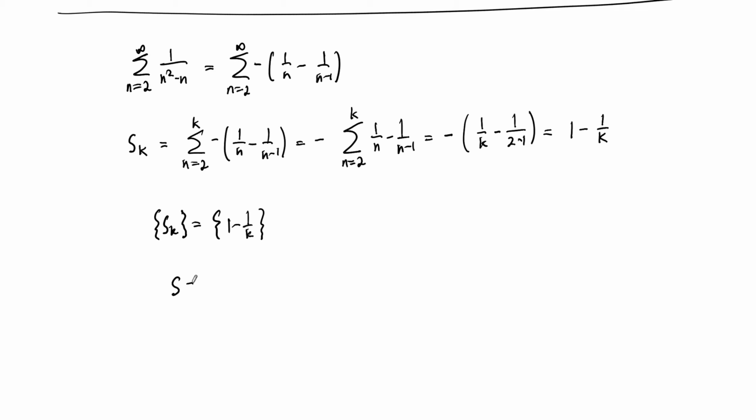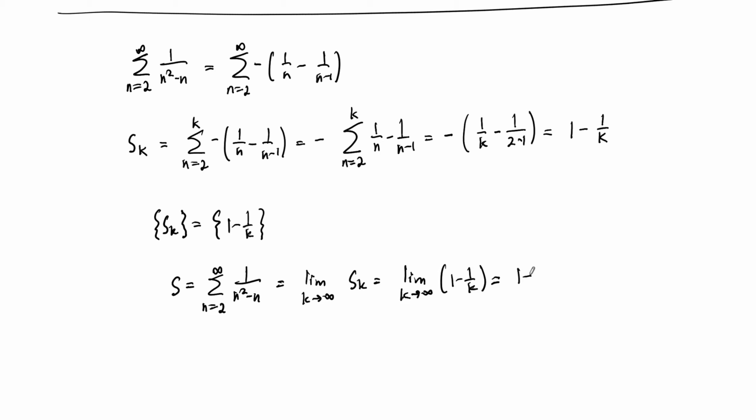And so the sum of our series is going to be, so this is our sum, n goes from 2 to infinity, 1 over n squared minus n. This is equal to the limit, k approaches infinity, of s sub k, which is the limit, k approaches infinity, of 1 minus 1 over k. This distributes, 1 minus the limit, k approaches infinity, of 1 over k.